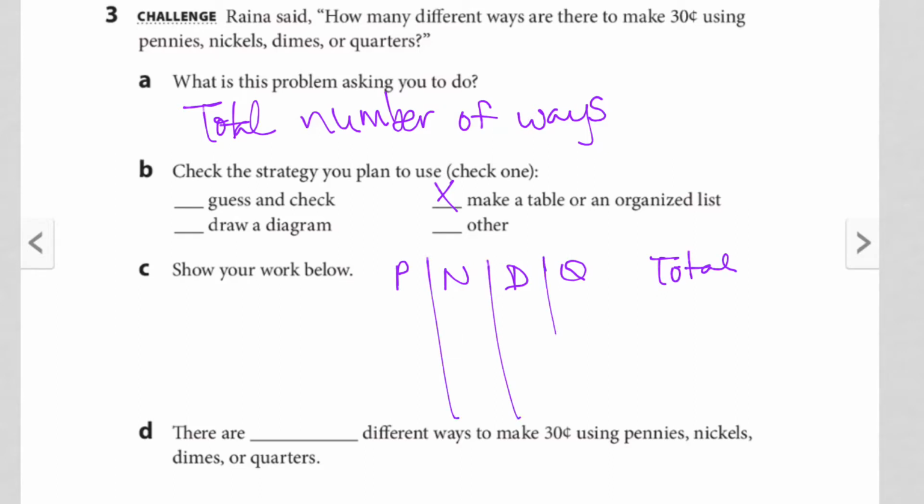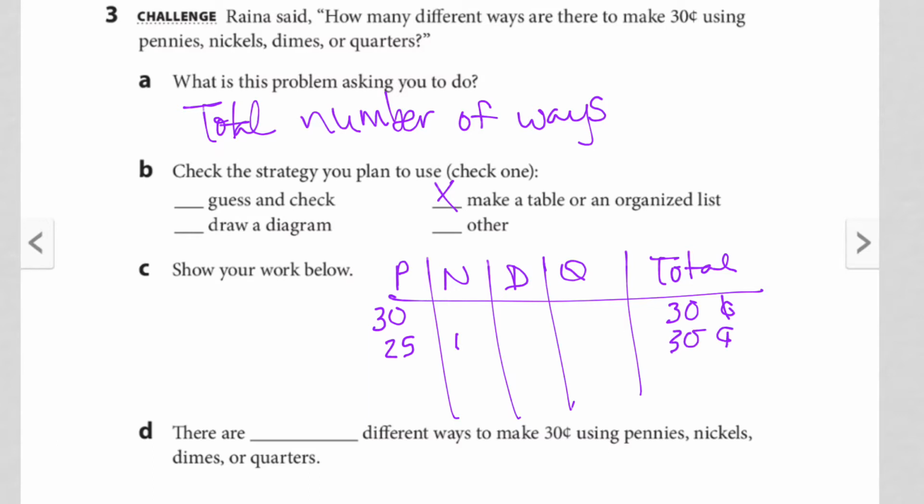And as I make this chart, I'm going to go ahead and start filling it in. Well, I could do 30 pennies, and that's going to give me 30 cents. Or I could do 1 nickel and 25 pennies, and that would give me 30 cents. Or I could do 20 pennies and 2 nickels, and you're going to keep going. It's going to take a lot more space than we have here.